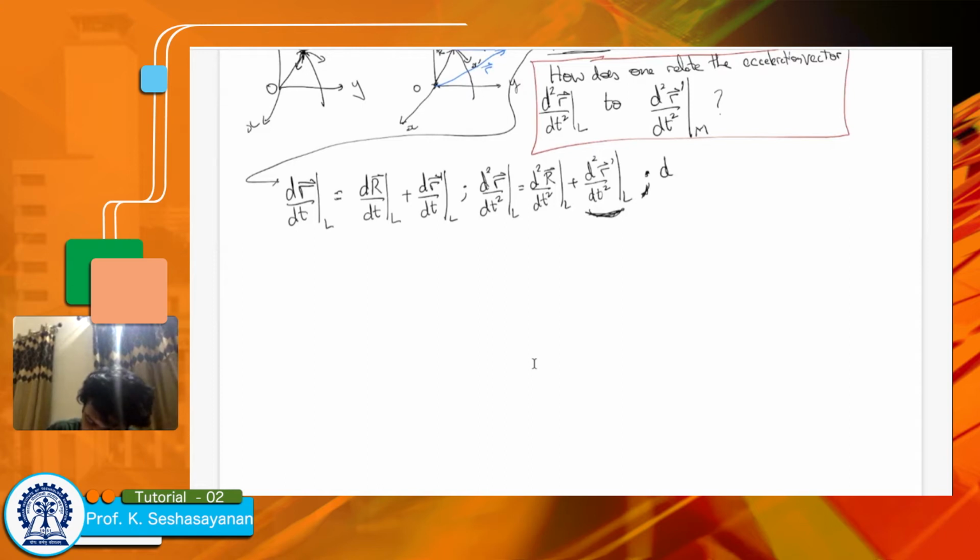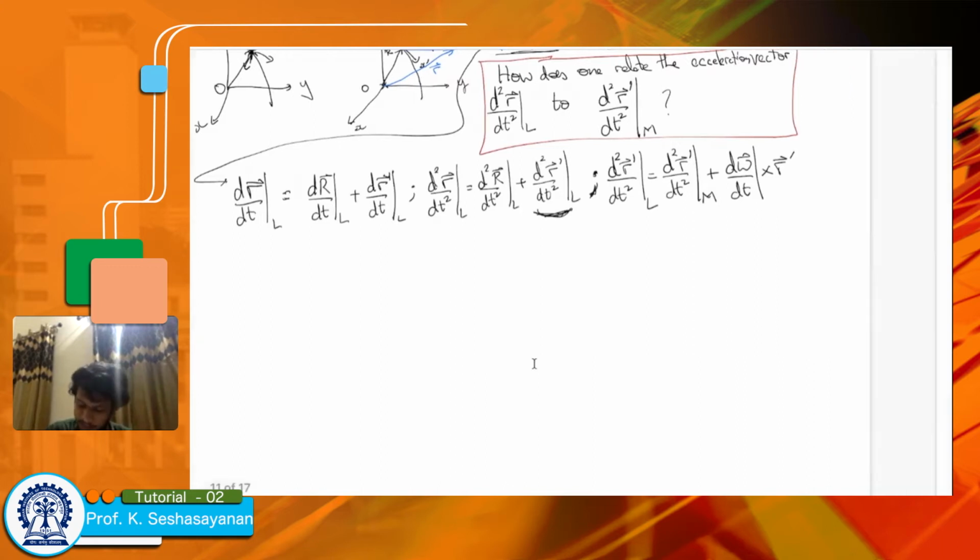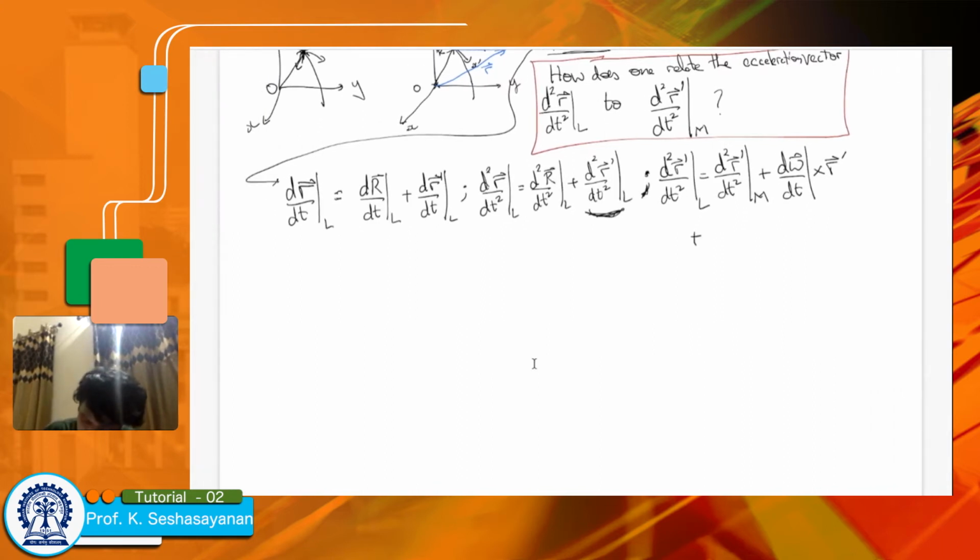So d square r prime by dt square in the lab frame is d square r prime by dt square in the moving frame plus d omega vector by dt cross r prime plus 2 times omega cross r prime dot plus omega cross omega cross r prime.